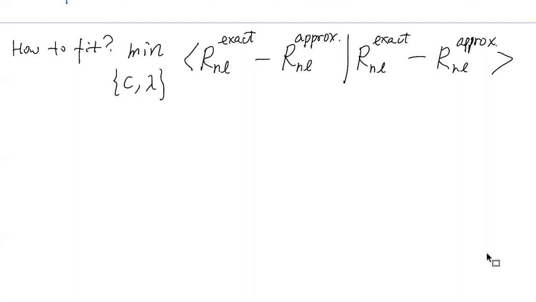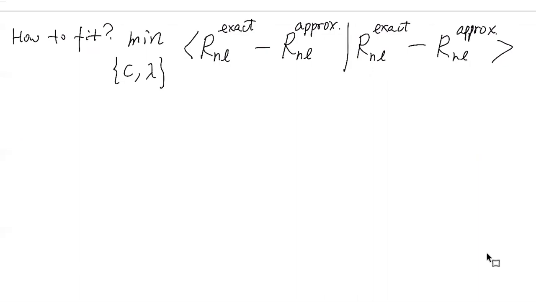But in general, this is a nonlinear fitting procedure. So you have to use computer algorithms to help you do this fitting. There are actually multiple algorithms available for this kind of fitting. In other words, this is an optimization problem, really. You're doing this optimization with a constraint, of course.